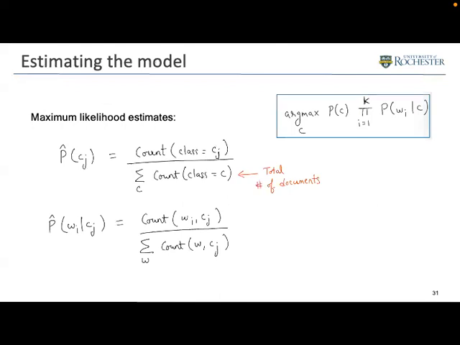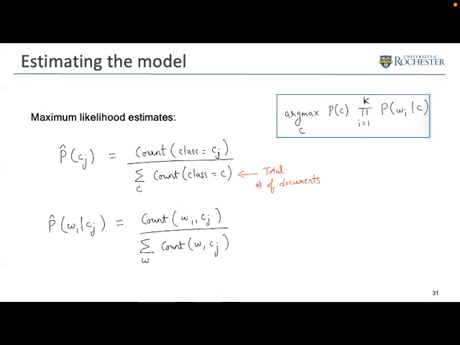So previously, I just discussed how to calculate P(D|C). Now we need to decide how to get P(C) and also P(word|C). An easy way is to use maximum likelihood estimation.